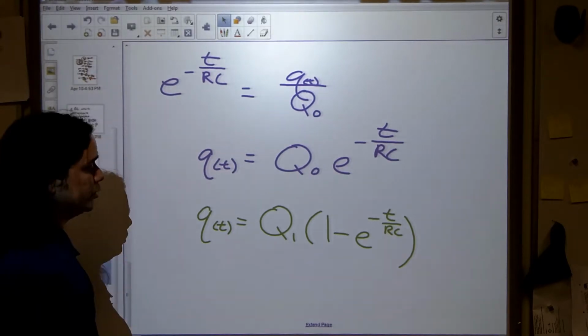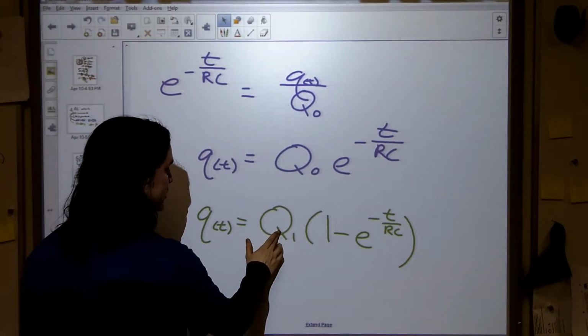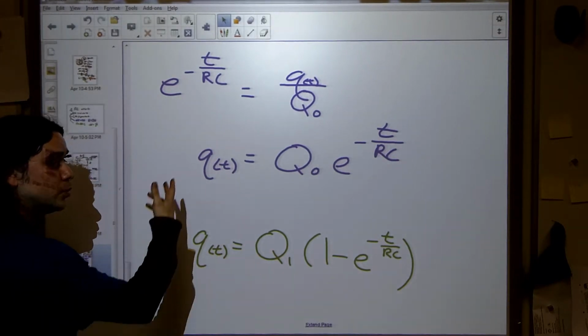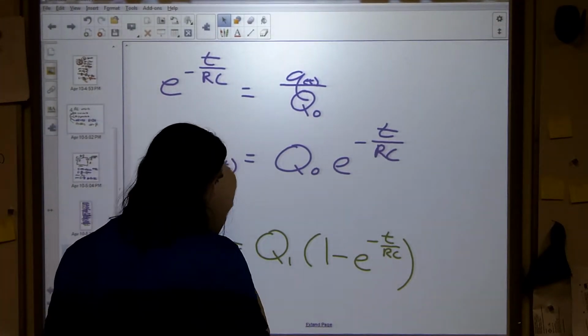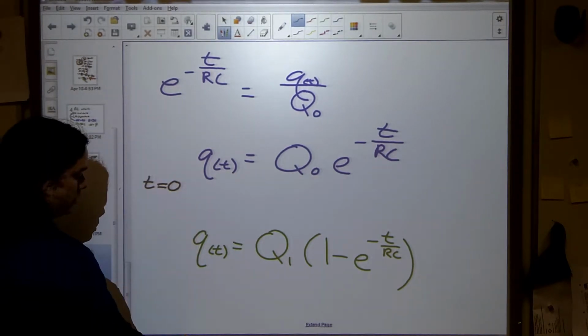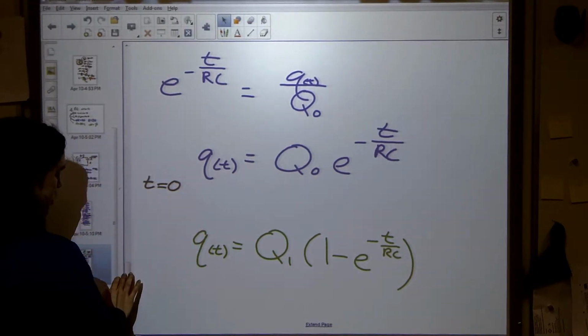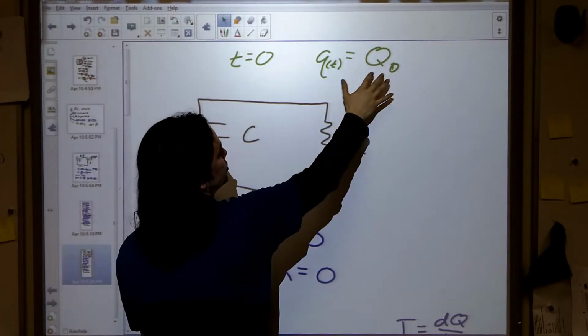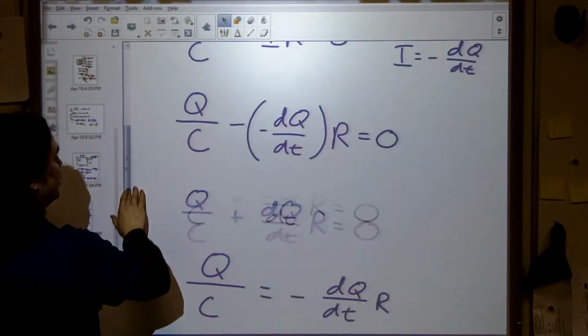That can help you predict what the answers are, because in the last one, I showed you that you could match boundary conditions. We need to do the same thing yet again. So at time equals 0, right when I first connect this circuit, how much charge do we have on the capacitor? Well, at time equals 0, we already know we have Q0, the total.